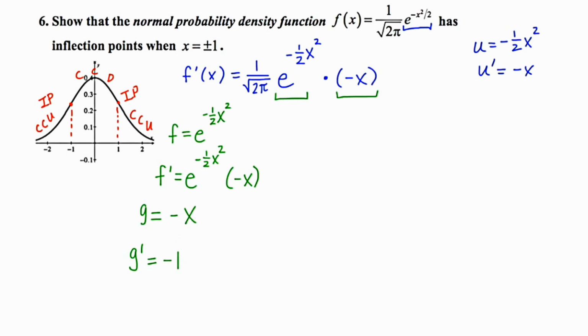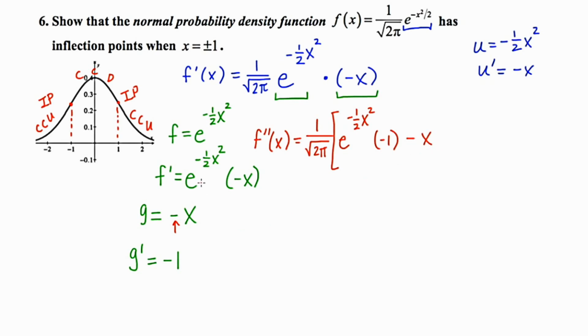So now I'm going to find that second derivative by implementing the product rule and not forgetting that constant that's out in front. F double prime of x is going to be equal to that constant. And now I'm going to get ready for the product rule, which is going to be the first times the derivative of the second plus the second function, which is really minus x, because the second function is minus x, times the derivative of the first.